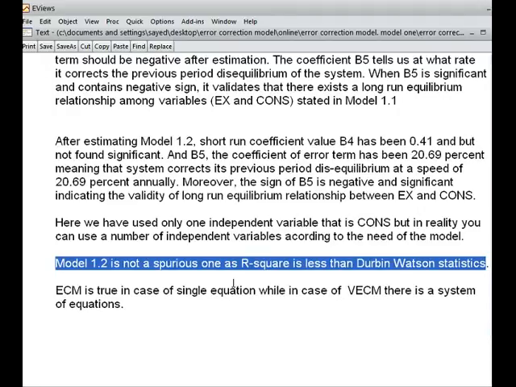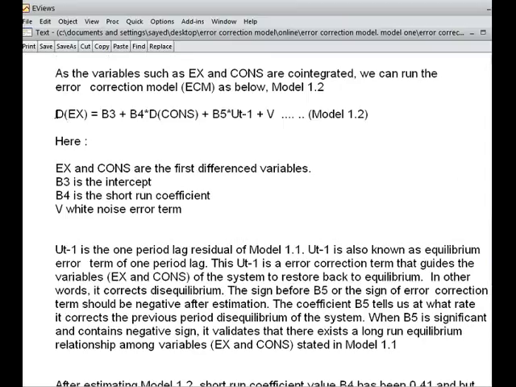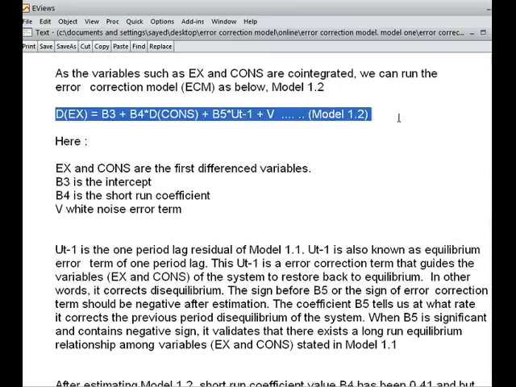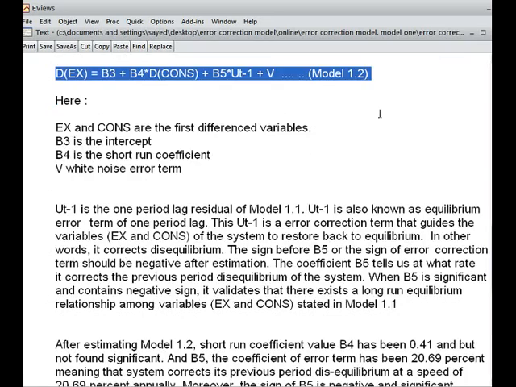Our estimated model 1.2 was not spurious or nonsense, because a model becomes spurious when the R square value is more than the Durbin-Watson statistic. But here the R square value is less than the Durbin-Watson statistic. So model 1.2, which is the error correction model, is not spurious.